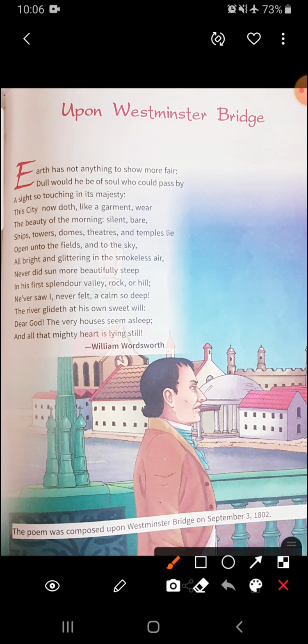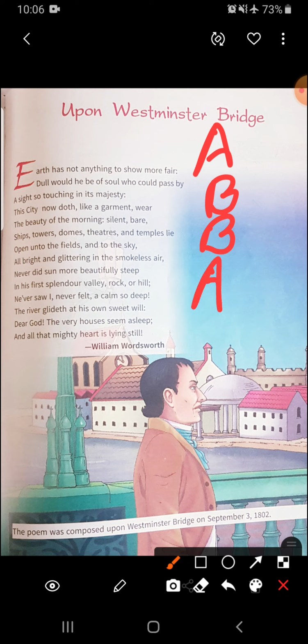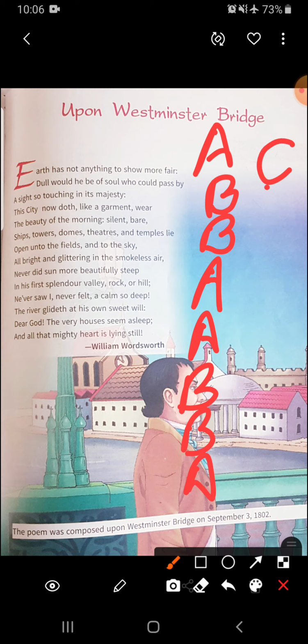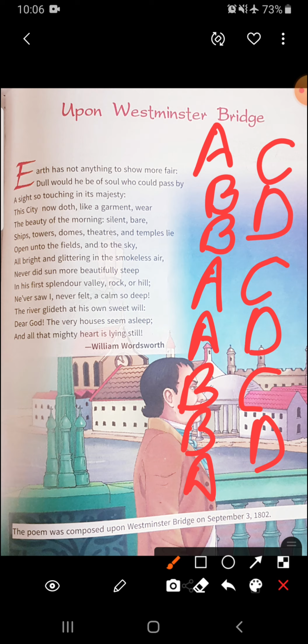Here in this poem, the rhyme scheme is A, B, B, A, A, B, B, A, then C, D, C, D, C, D. So this is the rhyme scheme given here, and as I told you, the poem is a sonnet, which means a 14 lines poem with a fixed rhyme scheme.